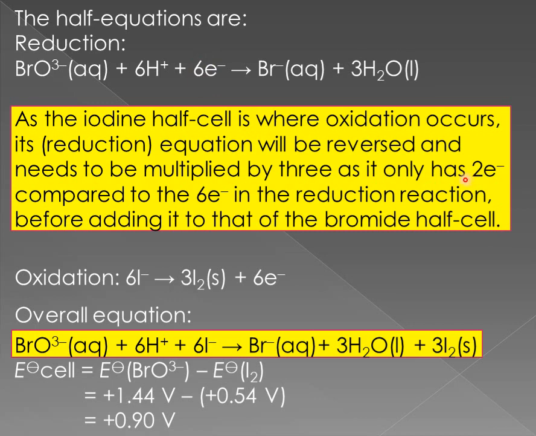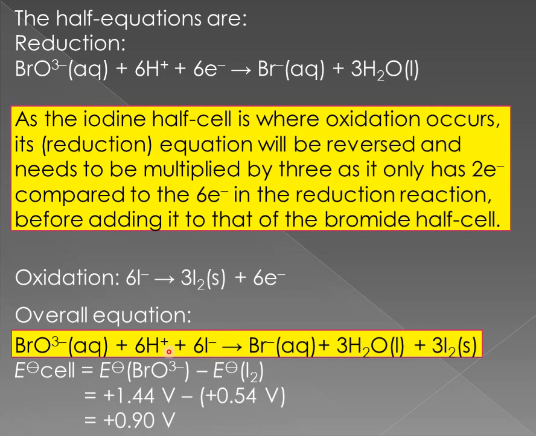So oxidation: 6 iodide gives 3 iodine plus 6 electrons. Now it's an oxidation reaction because it's a loss of electrons. Then we combine them together to give the final equation.